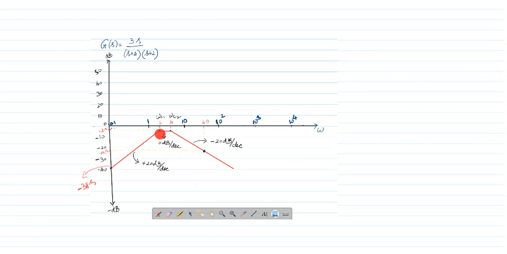Similarly, at 2, it is minus 2.5. At 4, it is minus 2.5. At 40, it is minus 22.5. Okay, at 40 it is minus 20, and minus 20 is here, so it is somewhere here. Now we will connect them using a straight line.